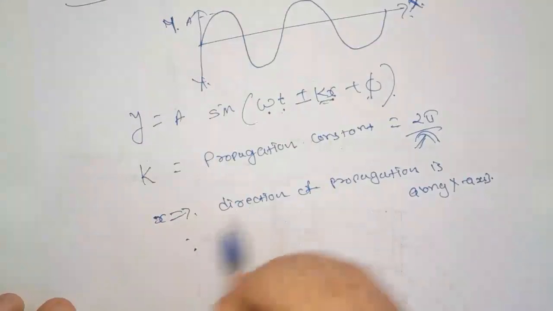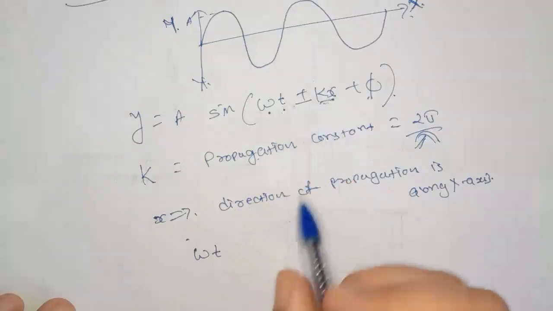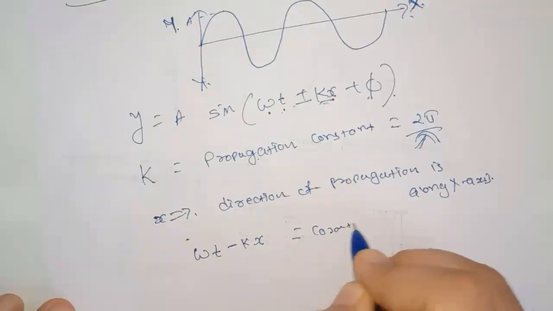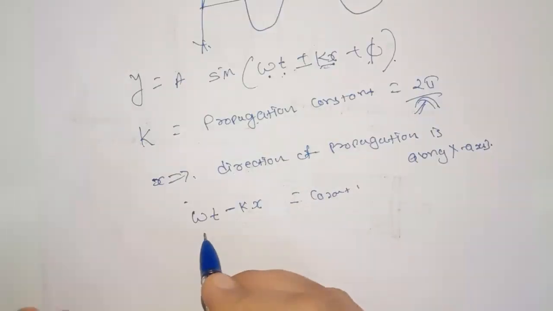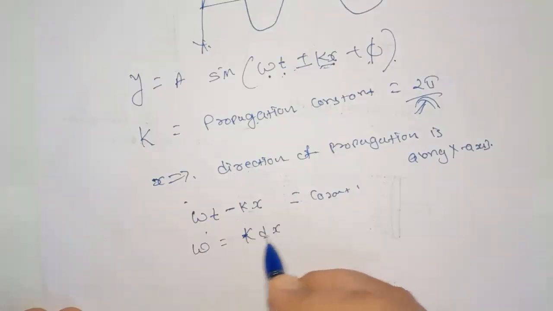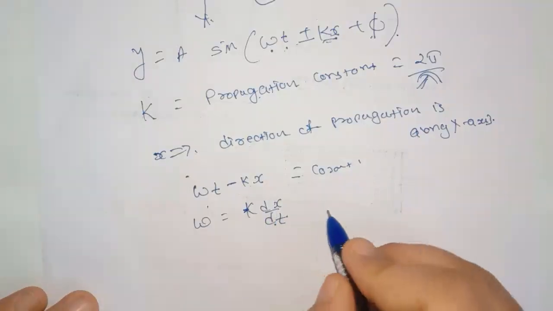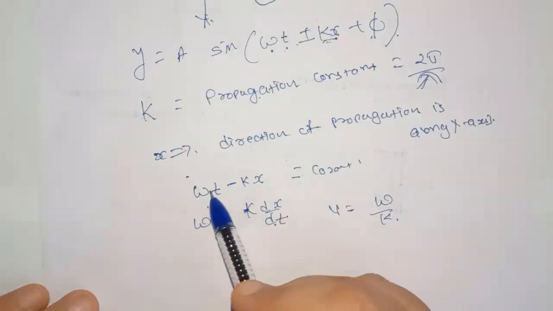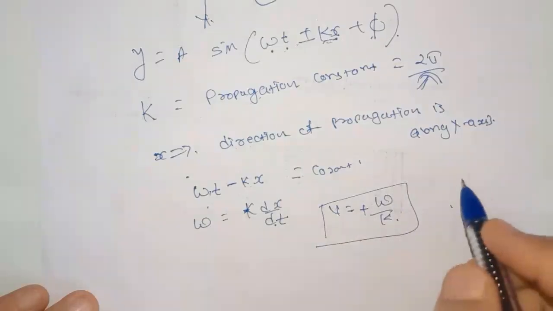Let us decide that. Let's say we are taking omega t minus kx, then omega t minus kx will always be constant. Let us differentiate both sides with respect to time. So we can write omega equals k dx by dt. Dx by dt is velocity, equals omega by k. If we had taken omega t minus kx, then this velocity is positive.